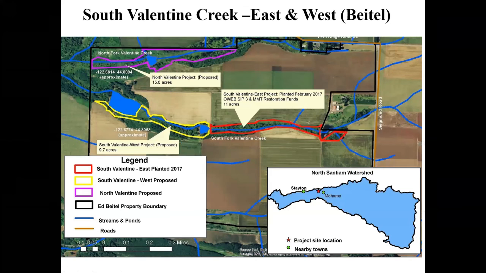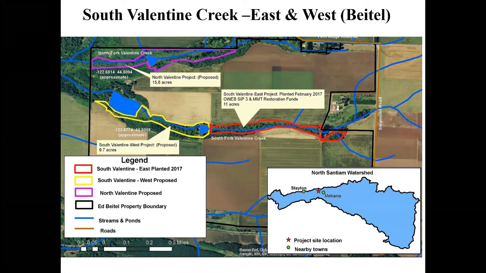Another project that we've done is on the South Valentine Creek with Ed Beidel. This is a two-part project, but we had riparian restoration in the upper reaches. When we originally met with him, you couldn't even walk to or see the creek. It was so overgrown with blackberries and holly and other invasives. Today, you can actually walk to the creek.